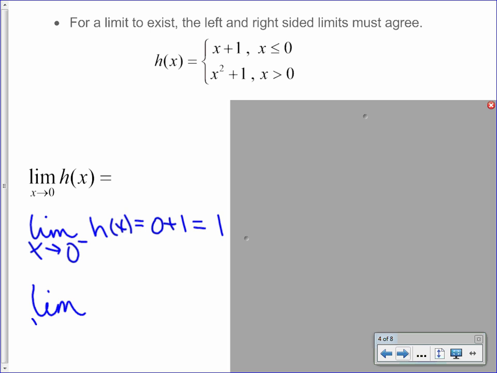The limit as x approaches 0 from the right side means that we're plugging 0 into this piece because this is the right side of 0. And that is 1. Do our right and left hand limits equal each other? Yeah. Then that's what our limit is.